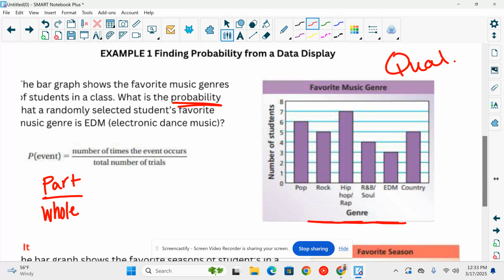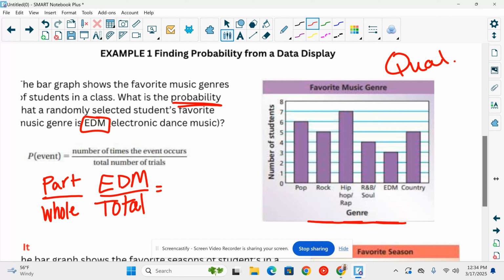Okay? And let's say there were 12 eighths. Then we will put 12 over the 100. So part over whole. Here we're looking for EDM. That's the part we're looking for. The number of people who did EDM over the total amount of people surveyed.